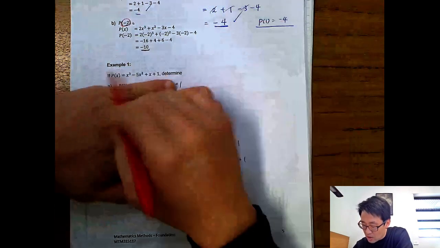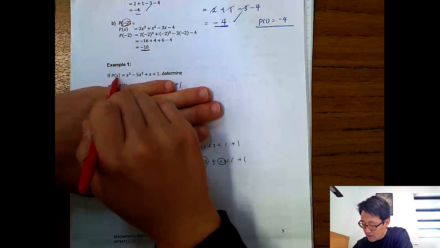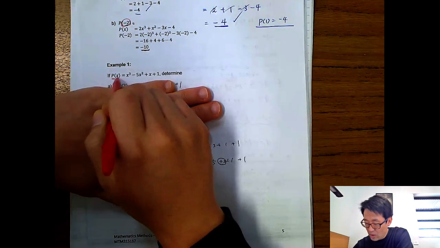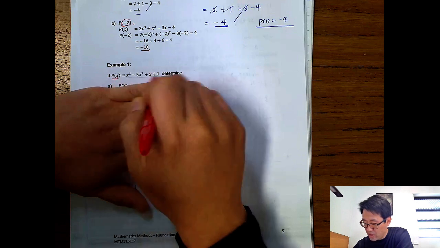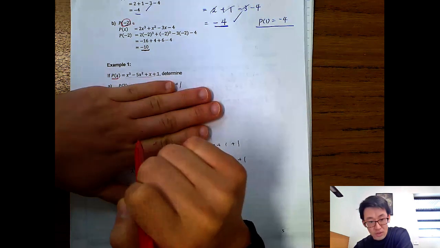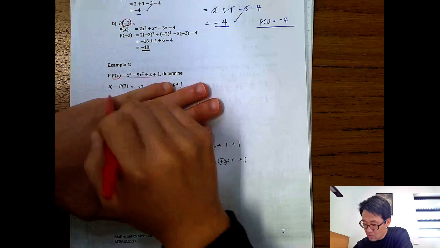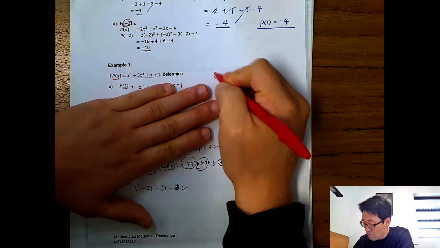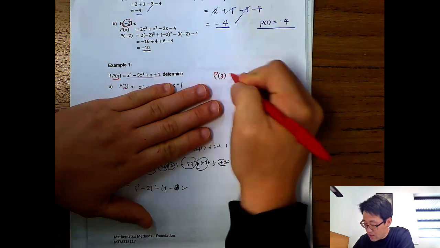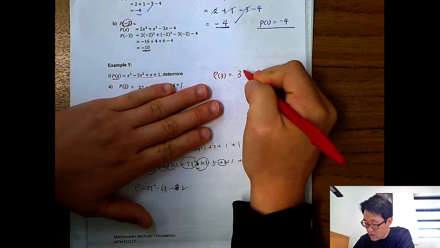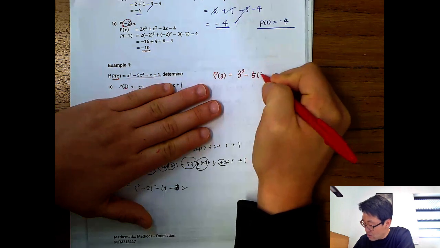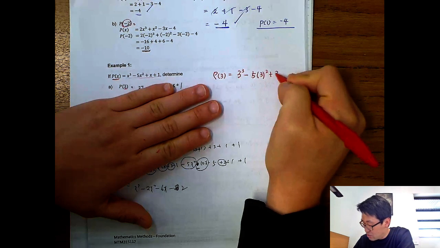Next one. When we don't know what x is, whenever we put in x, that's what we're going to get as an output. Question 1, when x is 3, I'll do that. P(3) equals 3 cubed minus 5 times 3 squared plus 3 plus 1.